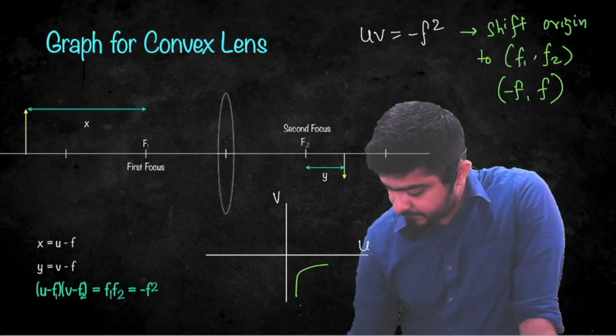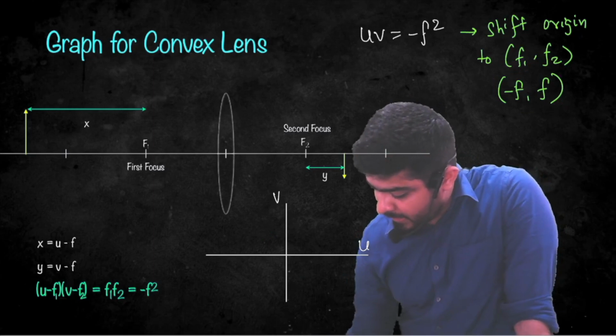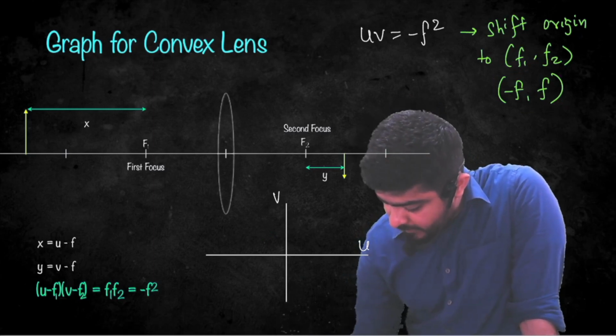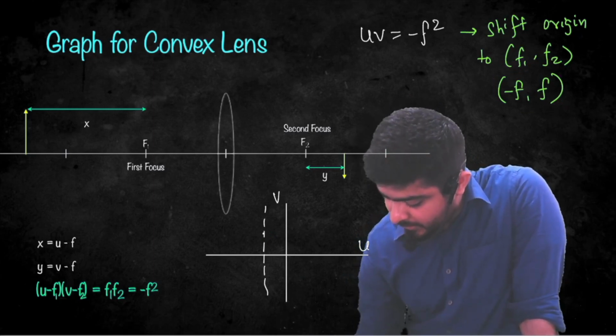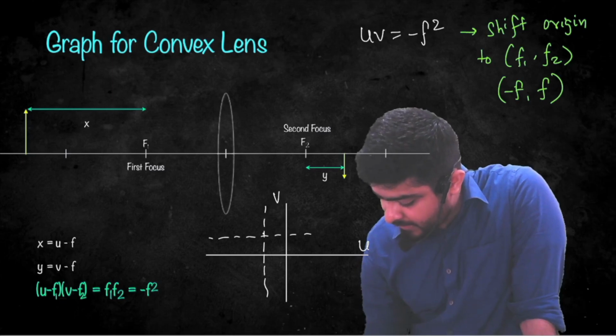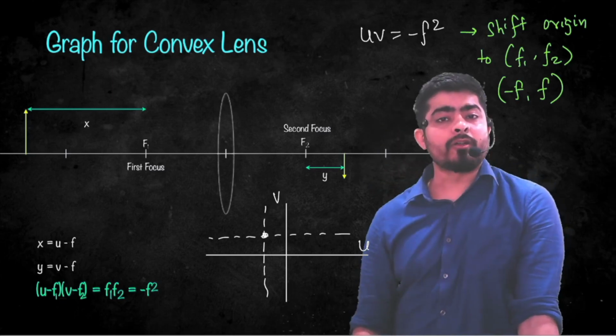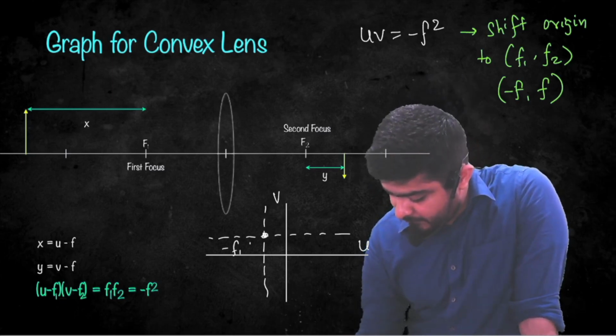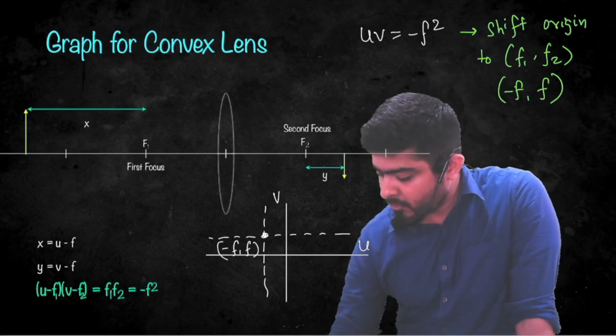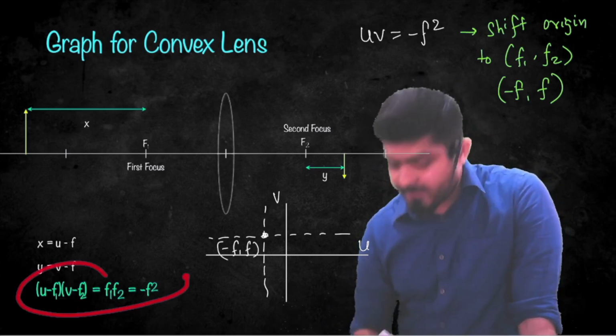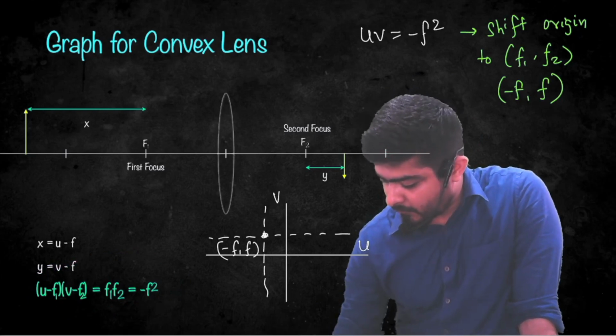Let's do that. So this point will lie in the second quadrant over here. Okay, so these are my coordinate axes according to shifted origin. This is minus f comma f. Now when you draw the graph for this formula, the graph would look like this.